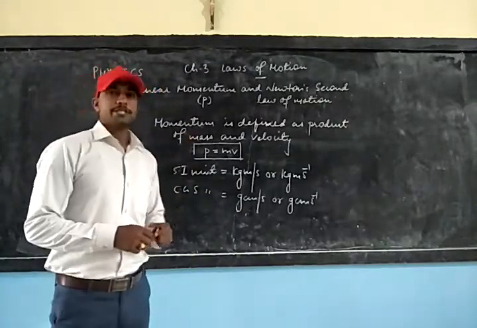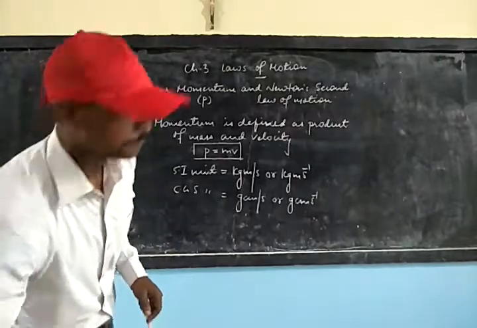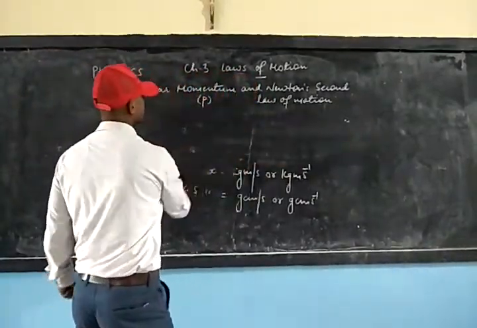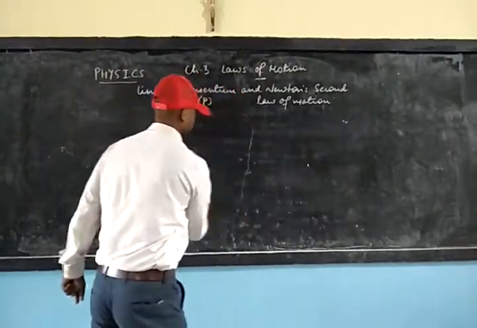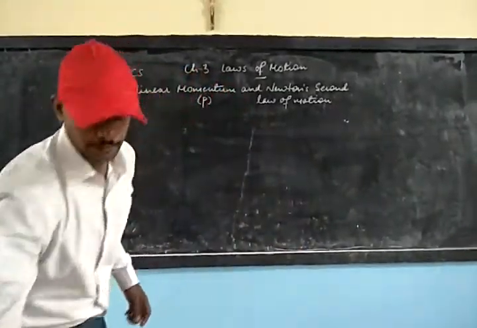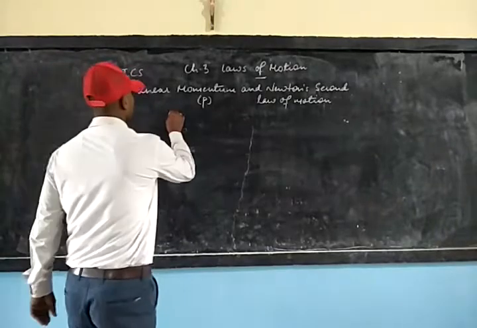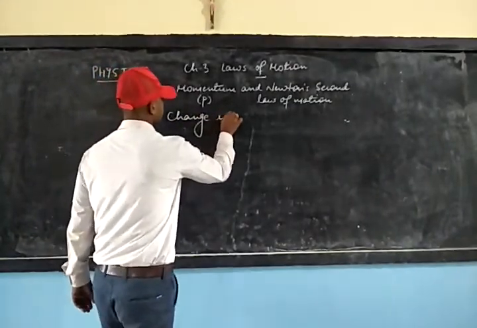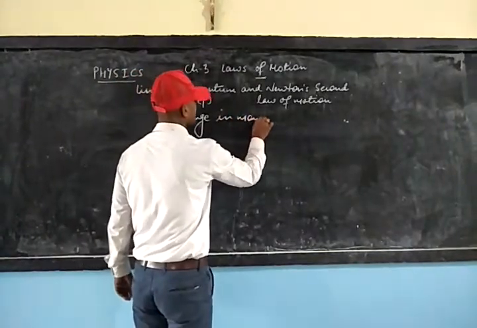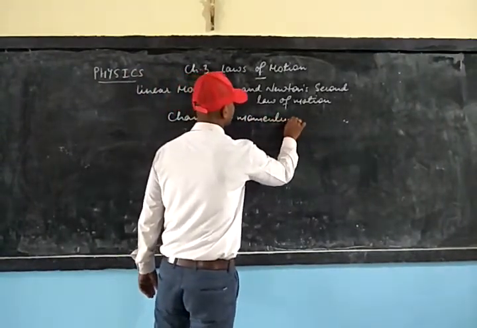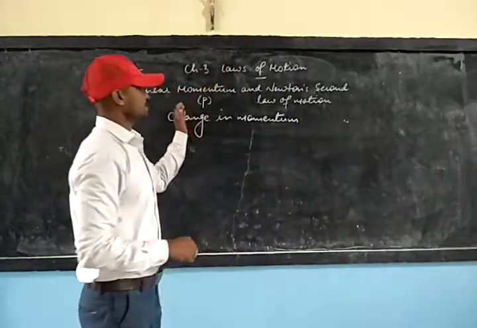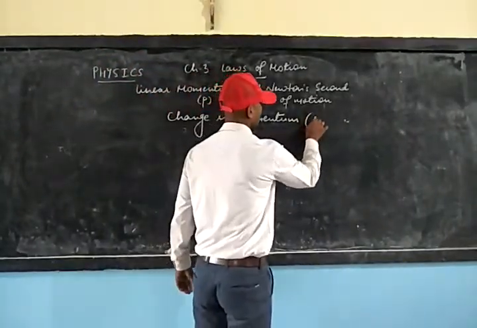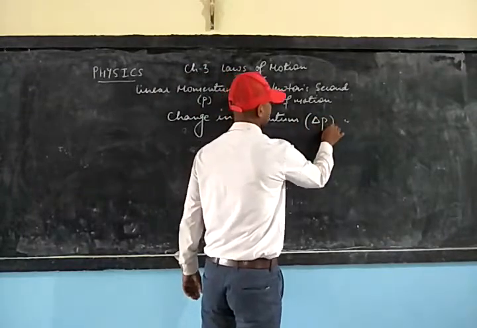Let us now come to change in momentum. We can express change in momentum by a symbol delta p.